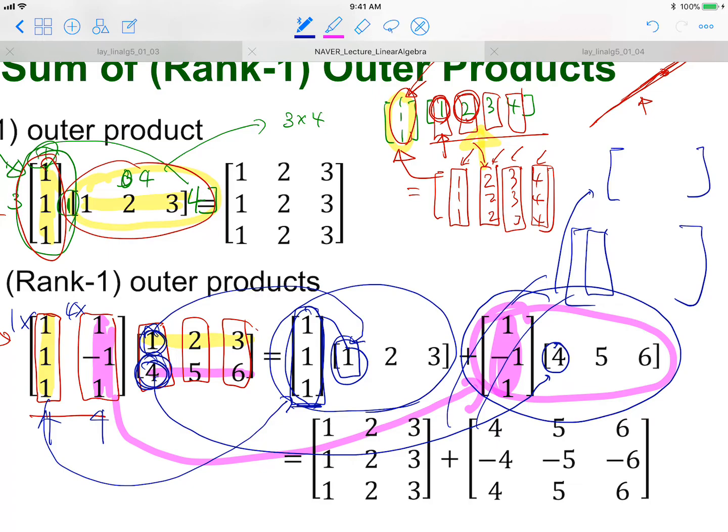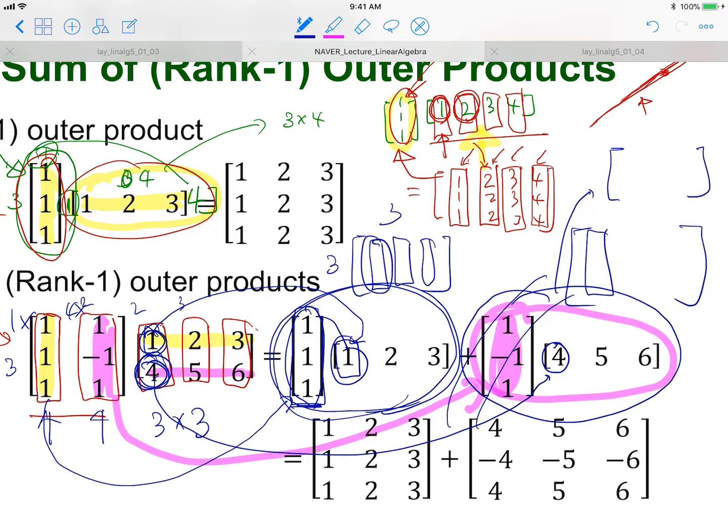So the resulting matrix size will be 3 by 2, 2 by 3, and then it will be 3 by 3, and then this guy will form also the 3 by 3 matrix, but the first one is only using this vector and the linear combination coefficient of this guy, right? That vector will be placed here.